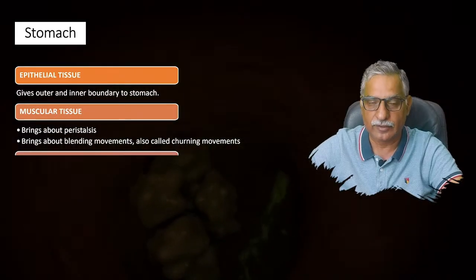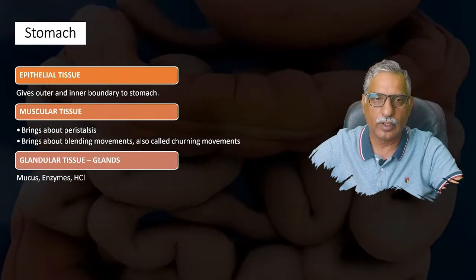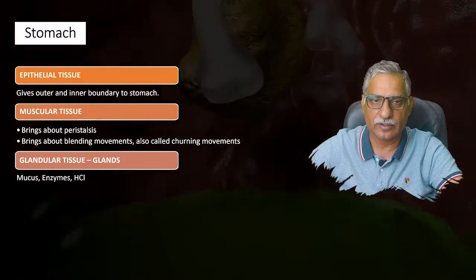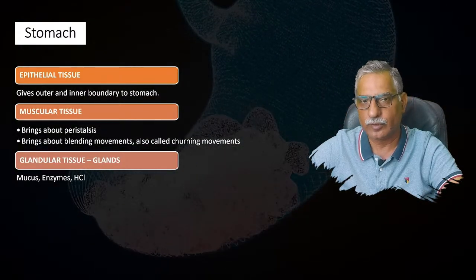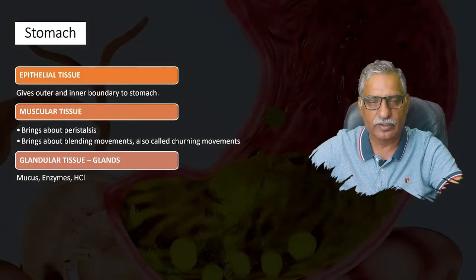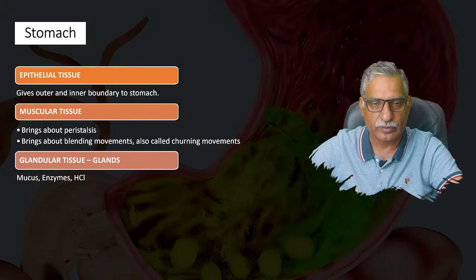Then we have glands within the stomach wall. Glands are specialized cells found in the wall of the stomach, and these glands produce a secretion known as gastric juice.